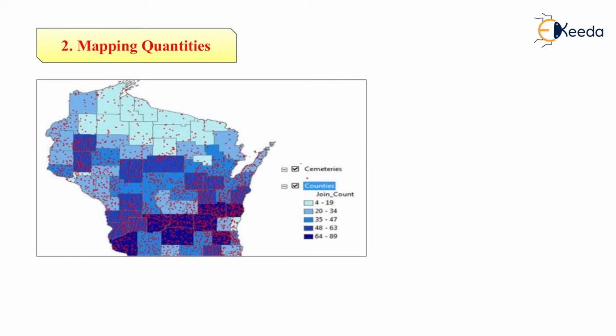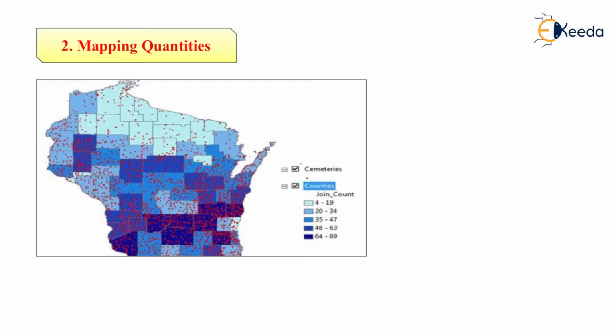Between 64 to 89, we have the dark blue map. When we have 84 to 63, we have light. Accordingly, we are dividing the whole map into different colors according to the quantities available.